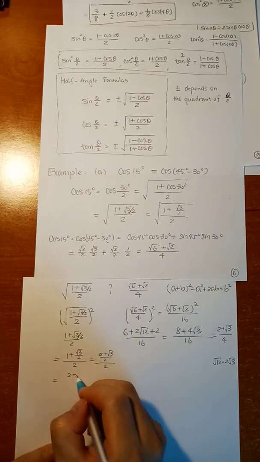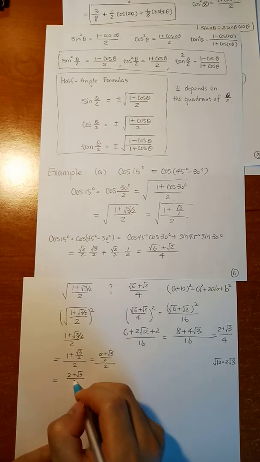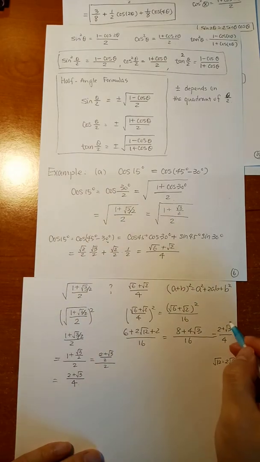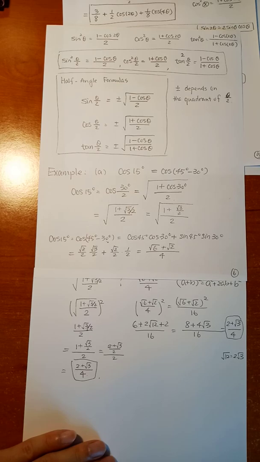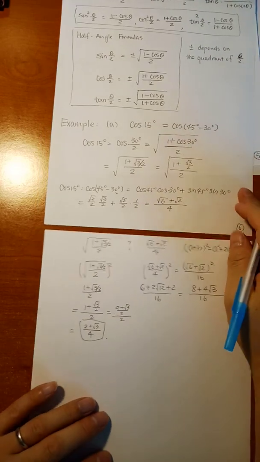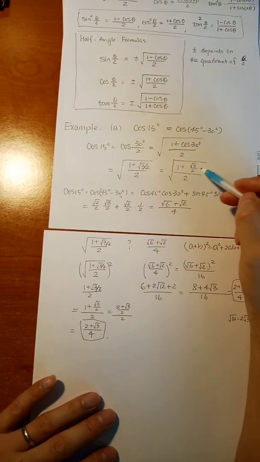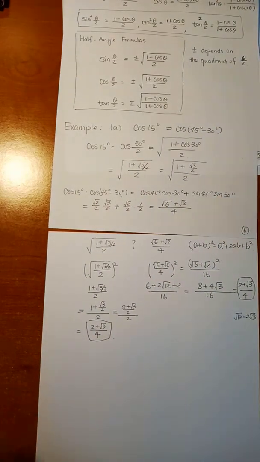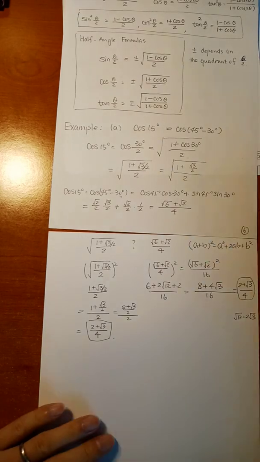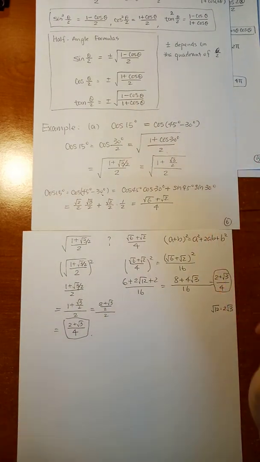So it's 2 plus square root of 3 over 4. See? Okay, finally I got the right one. By this verification, I figured out where I made a stupid mistake here. So my bad. It's easy to make this mistake. It's totally my bad.